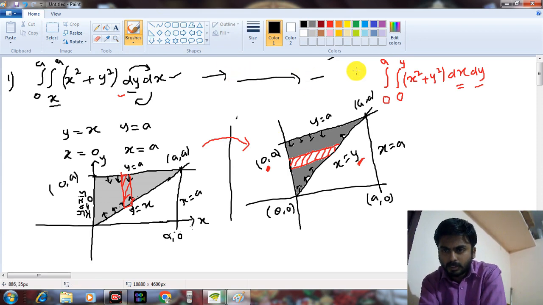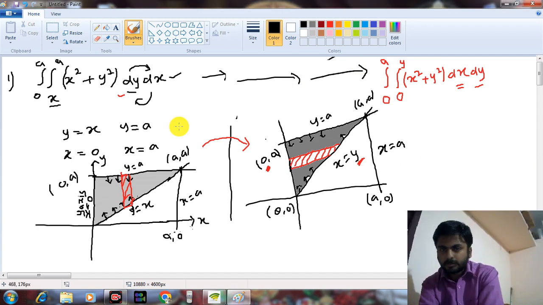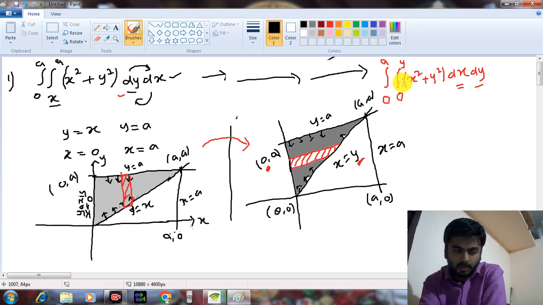This is our double integral equation. Integral 0 to a is the same 0 to a, but integral x to a is changed as integral 0 to y.